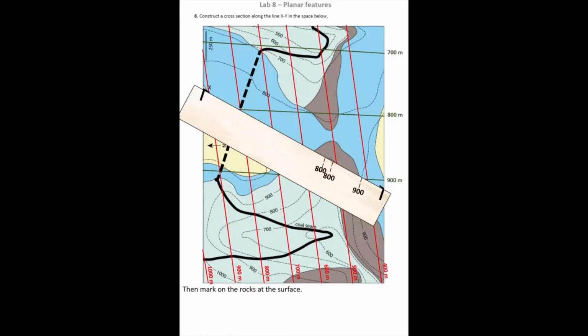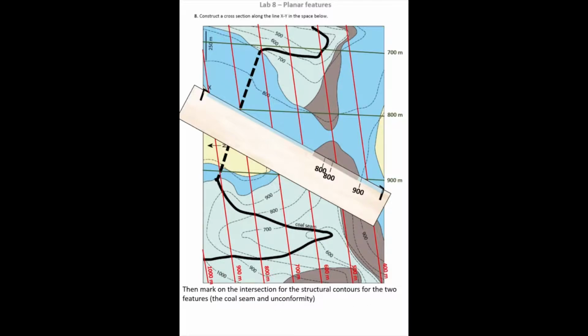Okay, then what we do is mark on the rocks that we see at the surface with the thin veneer along our strip. And then what we do is mark on the intersection for the structural contours for the 2 features.